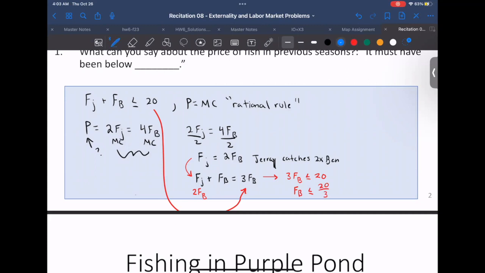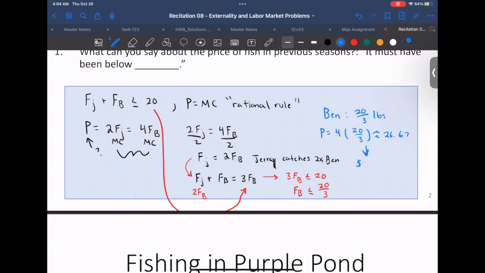So at most, Ben caught 20 over 3 pounds of fish. And then that means that at most, P is equal to 4 times the amount of fish that Ben caught, 4 times 20 over 3, which is approximately 26.67.